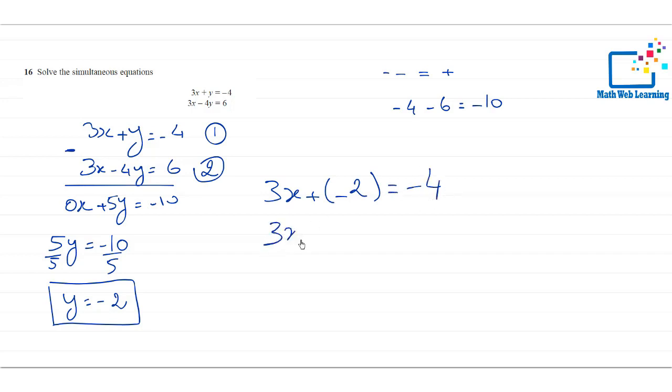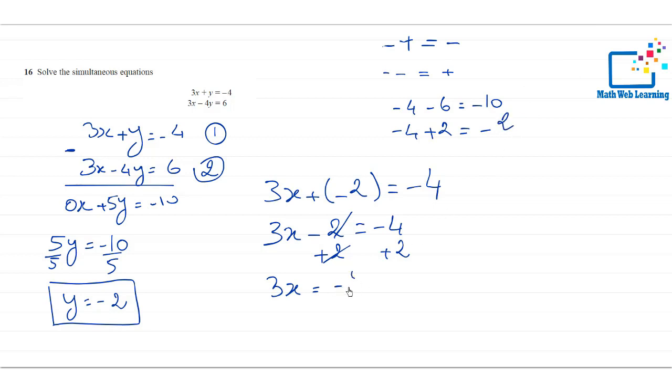Now remove the bracket, plus and minus, remember we said plus and minus becomes minus, right? So that is minus 2 equals minus 4. You need to move the minus 2 to the other side. You do plus 2 both sides to eliminate the 2. You've got 3x equals, now you need to do minus 4 plus 2. Let's do this one, minus 4 plus 2. And the answer is going to be minus 2. Oops.